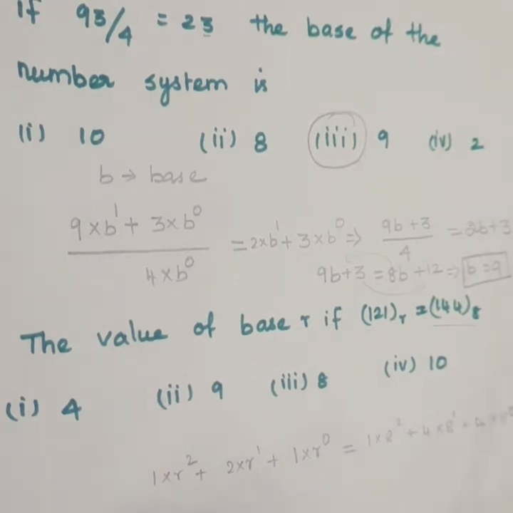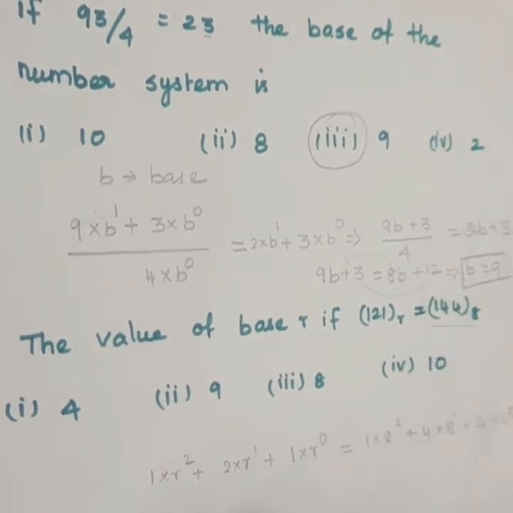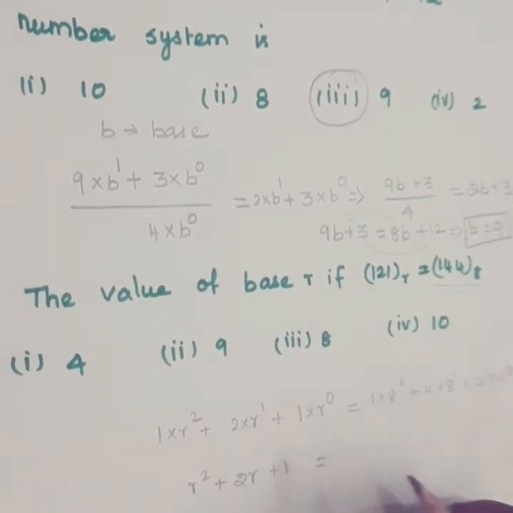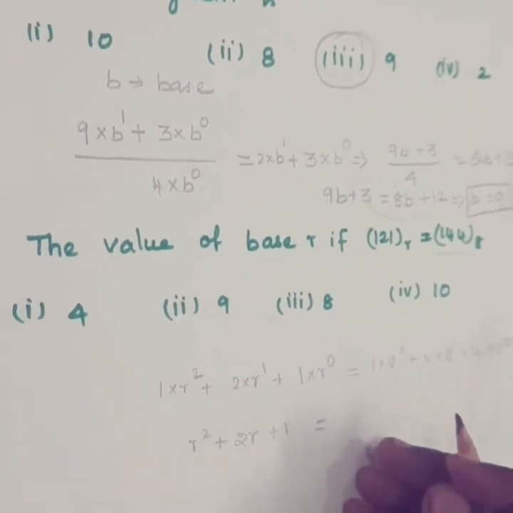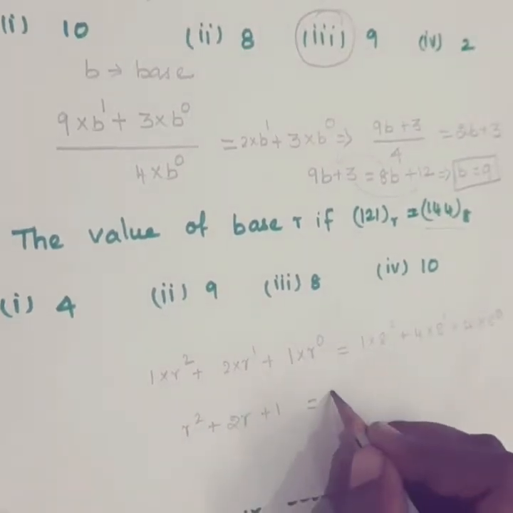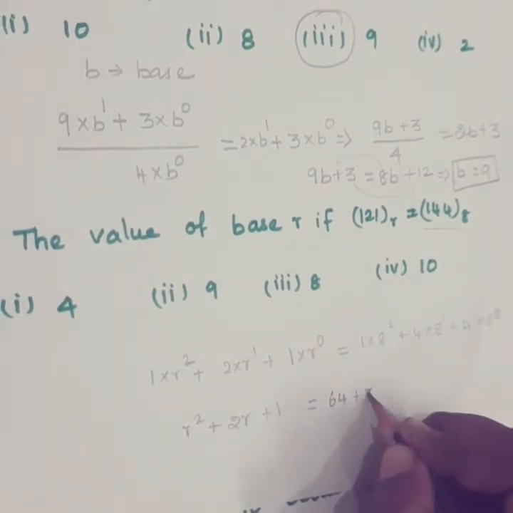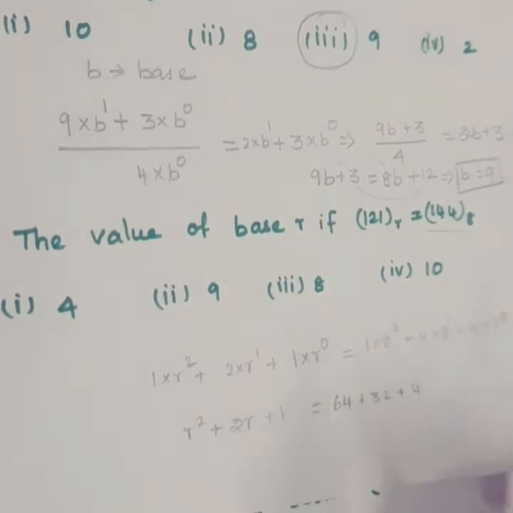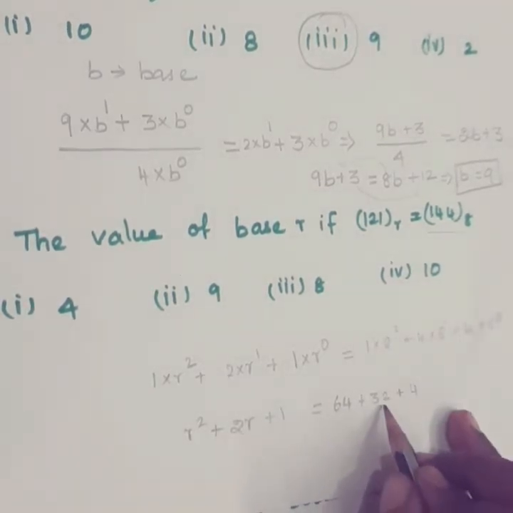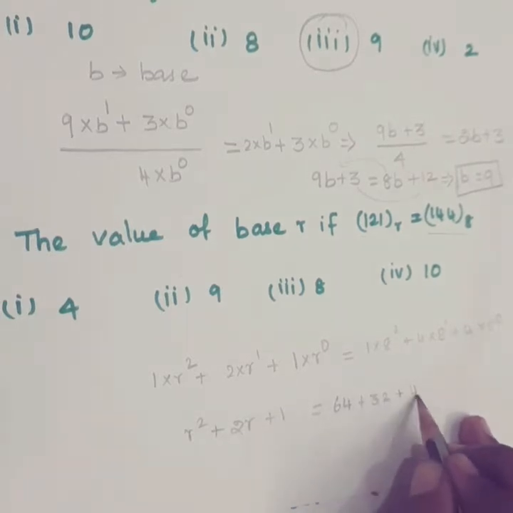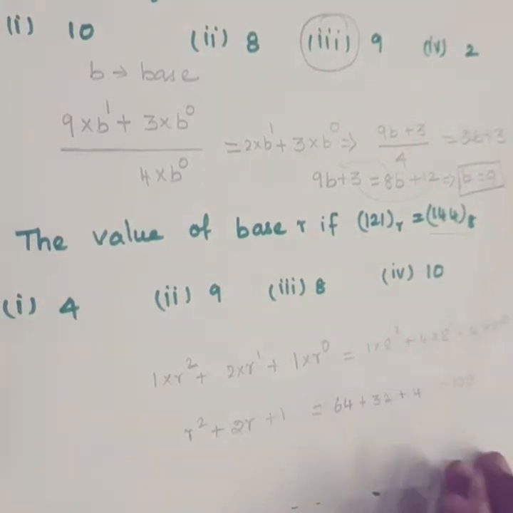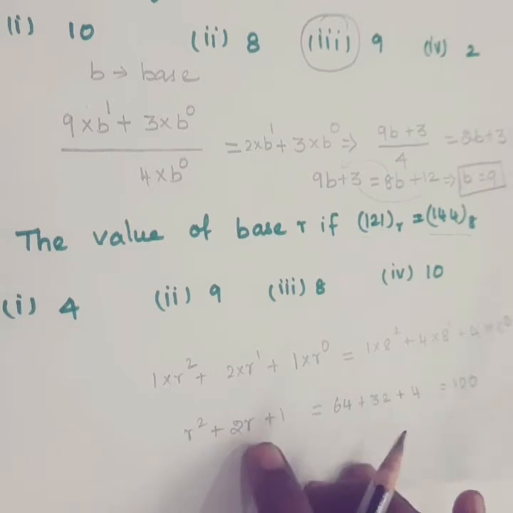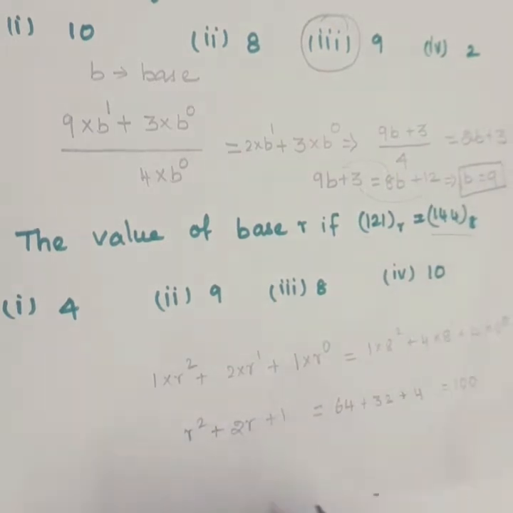So you get R square plus 2R plus 1 is equal to 64 plus 32 plus 4, since 4 8s are 32. So 64 plus 32 is 96, 96 plus 4 is 100, right? Here it is like a square plus 2ab plus b squared, so you can write (a plus b) the whole square.